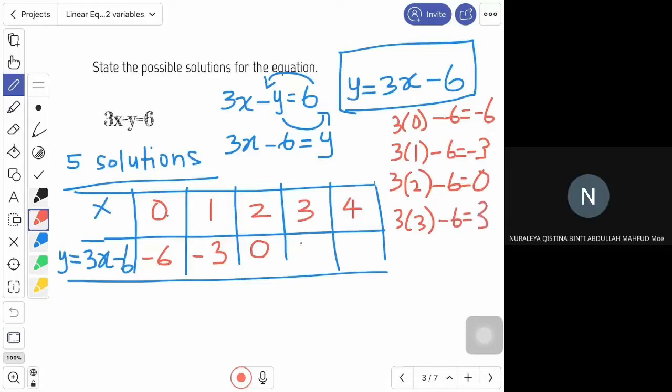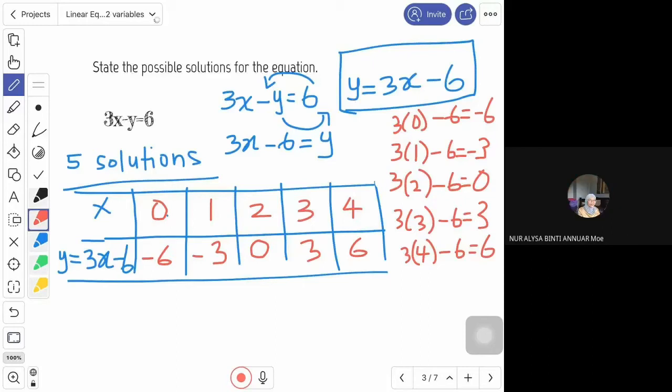And when x equals to 4, 3 times 4 minus 6, that is 6. So these are the solutions for x and y dalam bentuk jadual. Okay? Nampak tak?